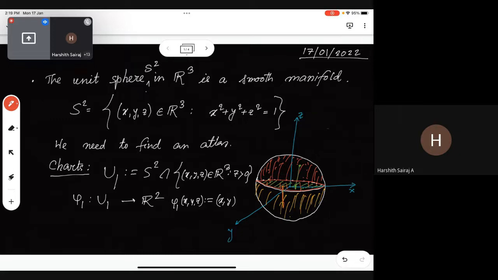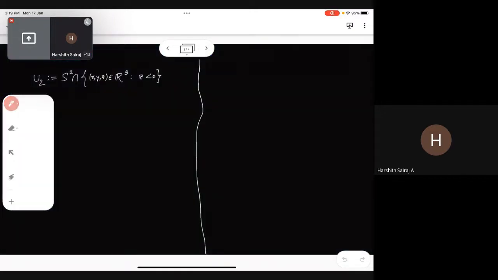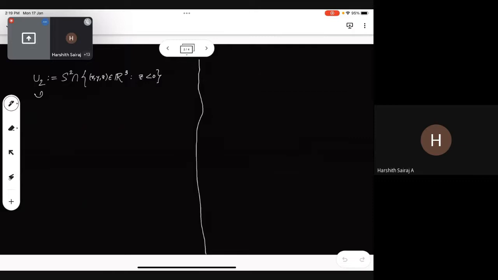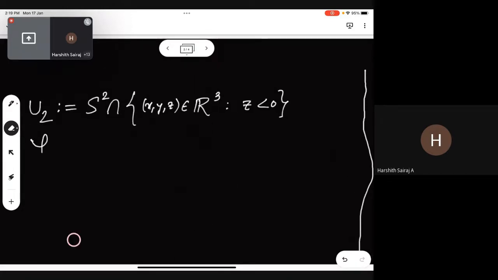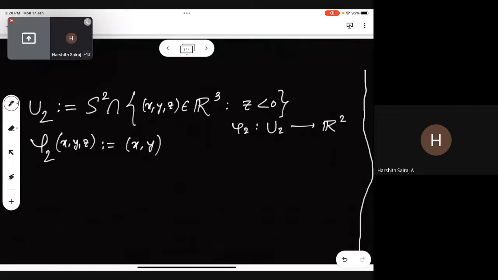So this should be phi2. phi2 from U2 into R2 is again (x, y, z) maps to (x, y). Right? So check phi2 is also 1-1.